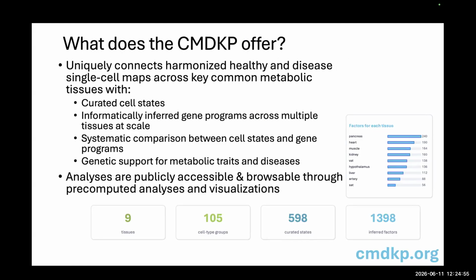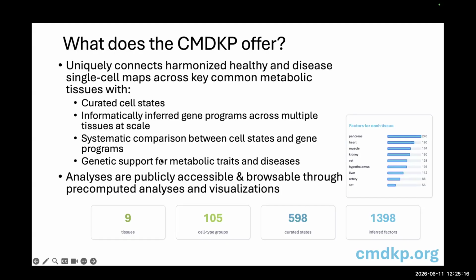One is the curated cell states. Second is the informatically inferred gene programs across multiple tissues at scale. Third is systematic comparison between those cell states and gene programs, so you can see how they complement each other and use the cell states for validation in some cases.